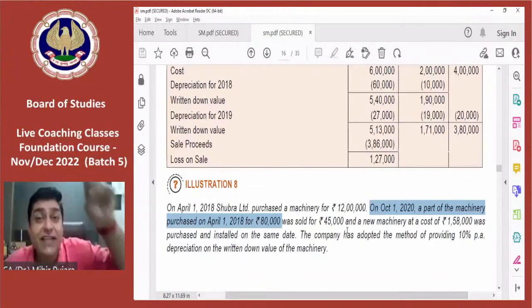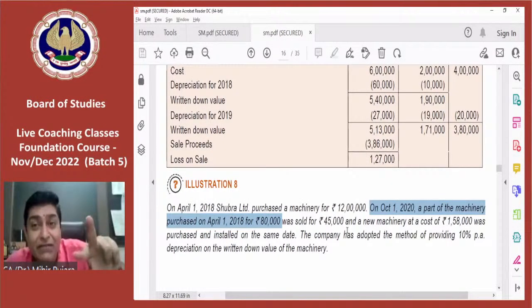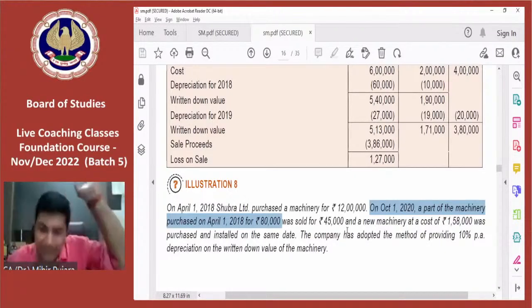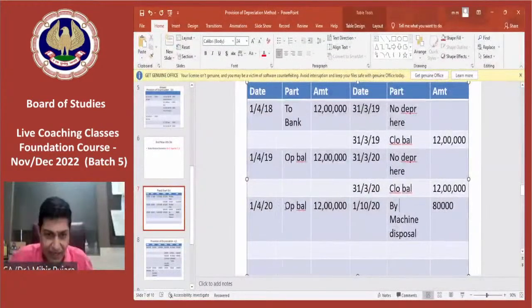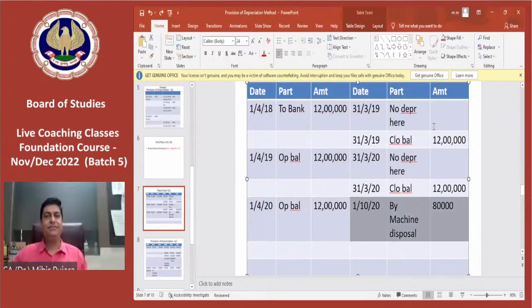Therefore, in the fixed asset account, we have to reverse 80,000 because 80,000 is the original cost and the asset account is maintained at original cost, that is 12 lakh. And therefore, friend, here I have reversed 80,000, the original cost of the asset sold out. Is it clear, guys? We need to conclude this question now fast.